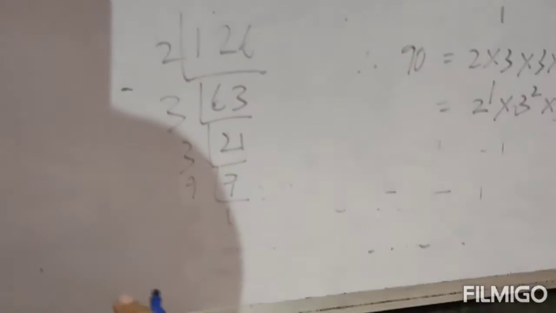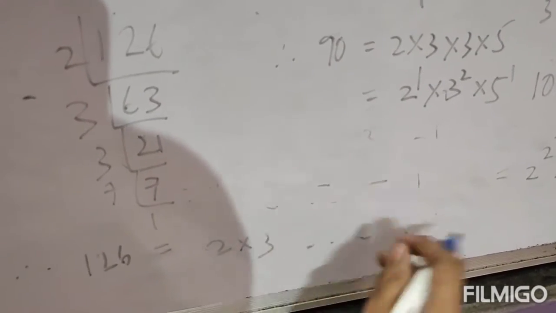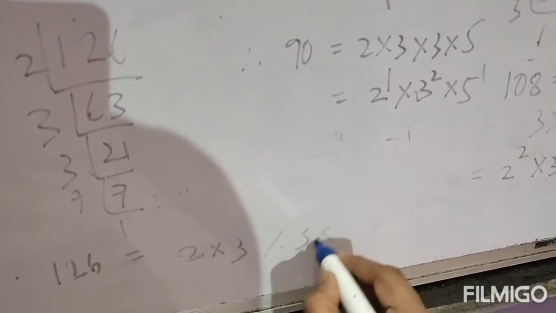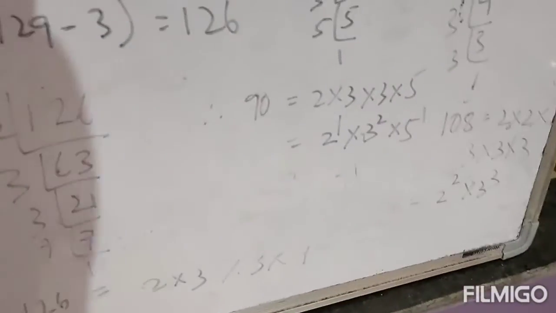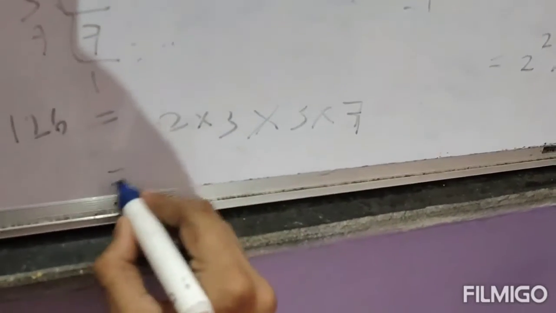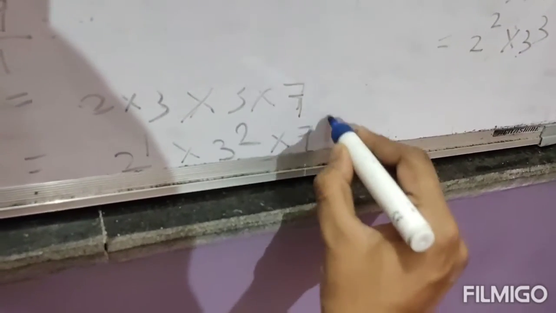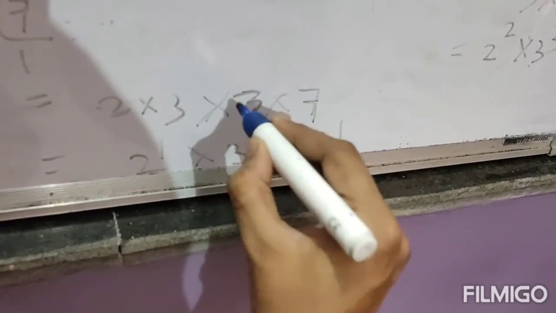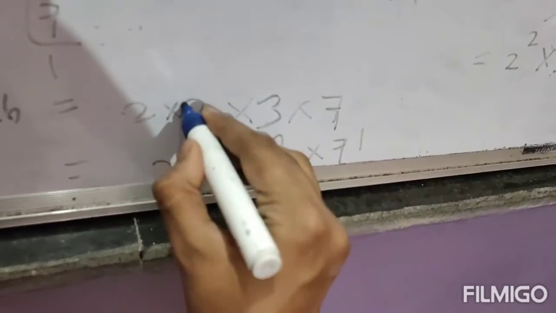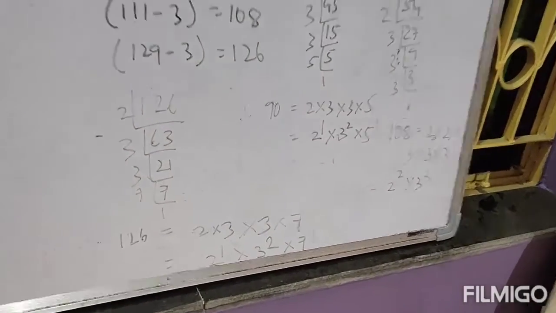Therefore 126 equals 2 into 3 into 3 into 7. Therefore 2 to the power 1 into 3 to the power 2 into 7 to the power 1.